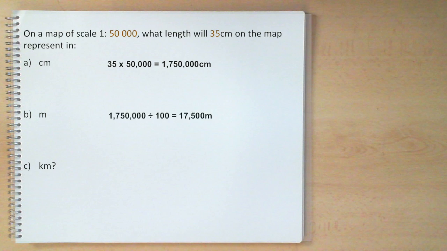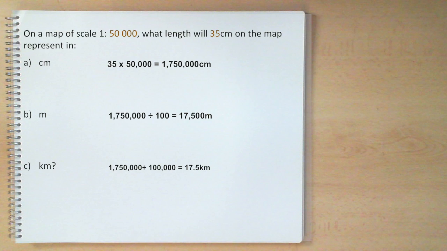What is that in metres? Well, that's quite simple and straightforward, isn't it? There are 100 centimetres in a metre, so we just divide that number we've got before by 100 to get 17,500 metres. And then again, to work that into kilometres, that's also quite straightforward, isn't it? 1 kilometre equals 1,000 metres.